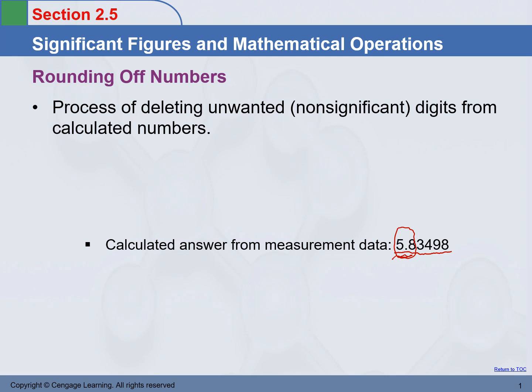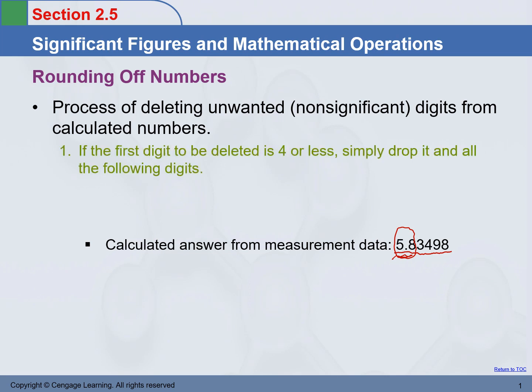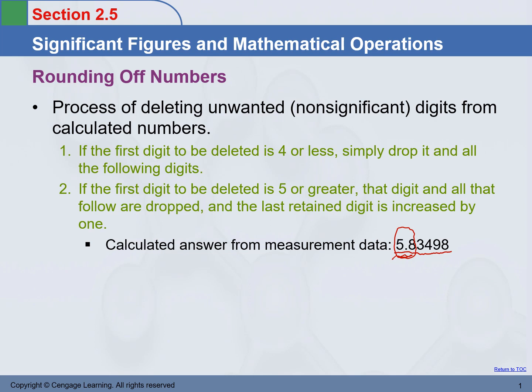The rule for this is pretty straightforward. If the first digit to be deleted is 4 or less, you drop it. If the first digit to be deleted is 5 or greater, you drop the number but increase the last retained digit by 1.